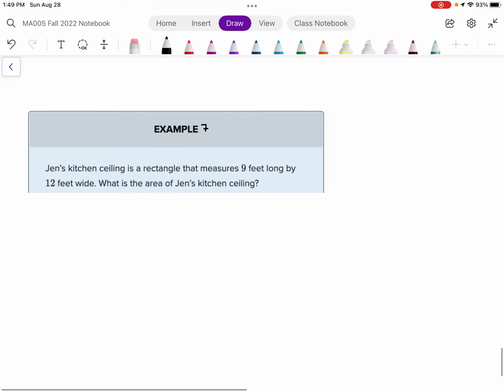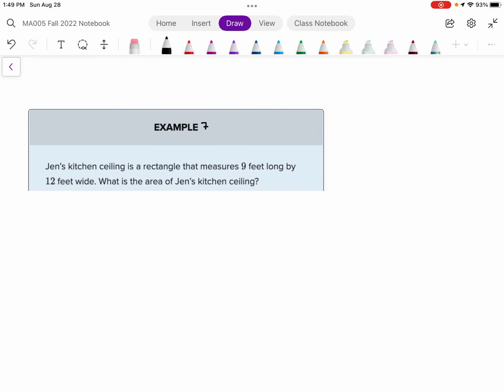All right, this is the last example. Jen's kitchen ceiling is a rectangle that measures 9 feet long by 12 feet wide. Right, so we've got 9 feet here and 12 feet here. I'm not going to draw all the little squares, but there would be 9 in one direction and 12 in the other direction.